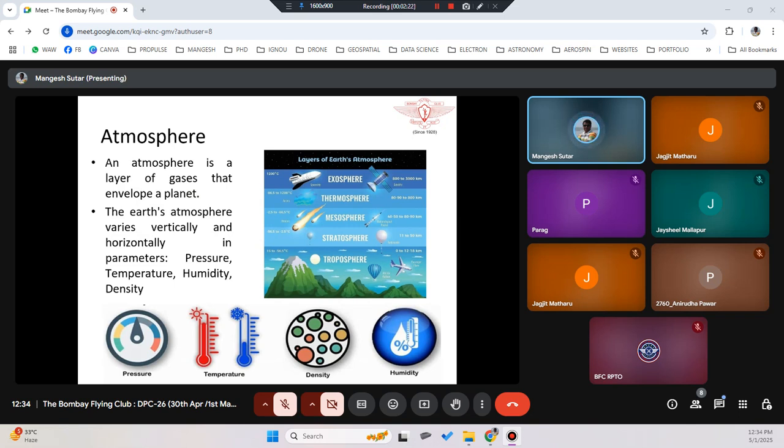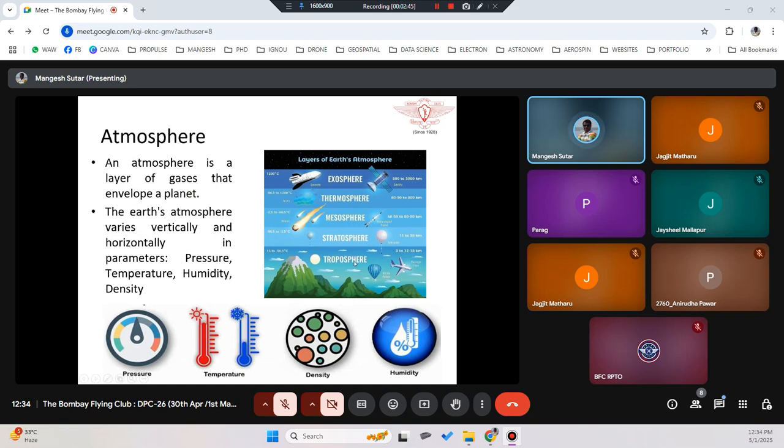If you see the diagram of the layers of the atmosphere, the troposphere is the most important layer, where all our weather is located. It starts from the ground and goes up to 12 to 18 kilometers. This is the range in which hot air balloons and civil aeroplanes, civil airlines, fly.